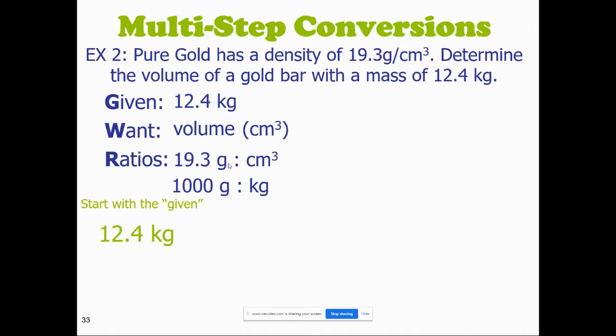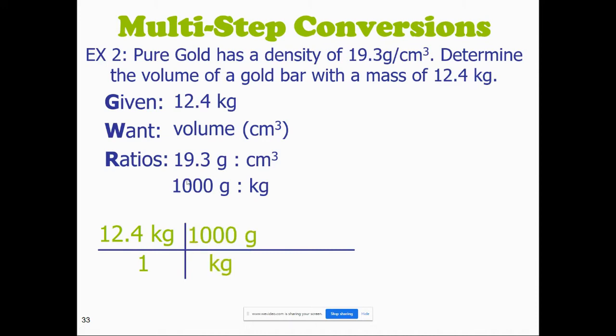Okay, so now we can solve our problem. Start with the given, 12.4 kilograms. Let's put that over 1. We want kilograms to cancel out. Well, we've got kilograms right here. We can use this ratio. Put kilograms on the bottom. We put grams on the top. Okay, so now our kilograms have canceled out. We're left with grams.